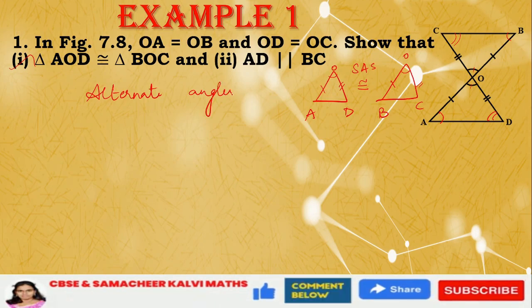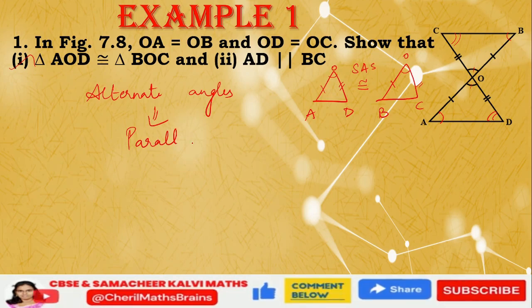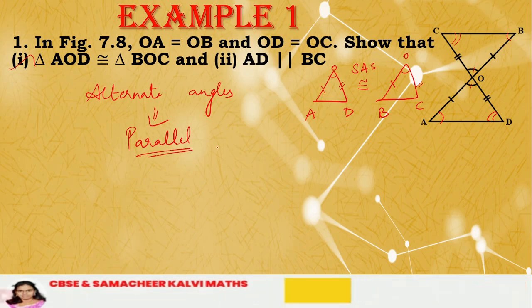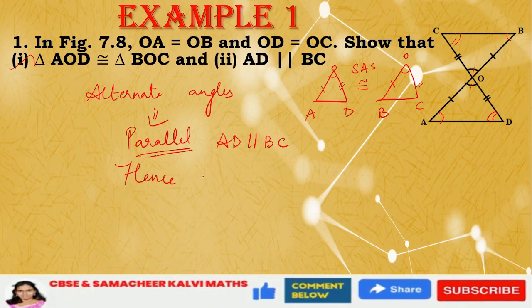If you have alternate angles, then the two lines between which the angles are alternate are parallel. So we can say AD is parallel to BC, hence proved.